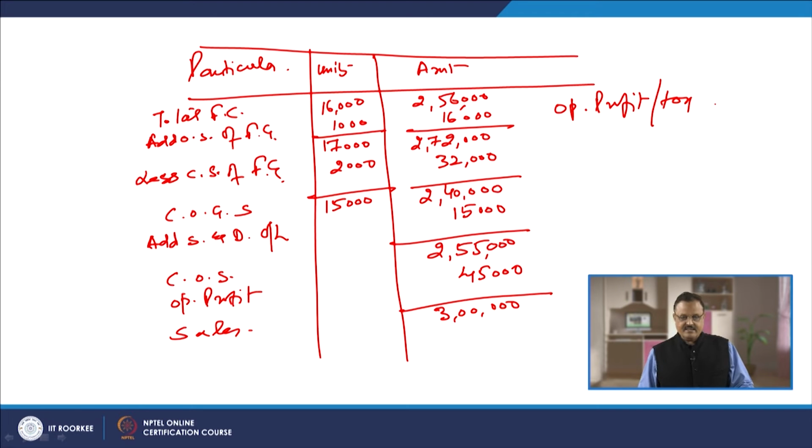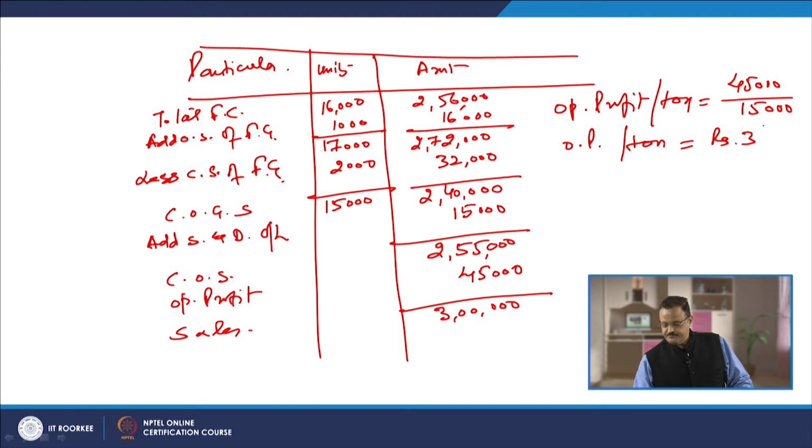We are manufacturing in terms of tons, 15,000 tons of production. So the operating profit per ton is 45,000 divided by 15,000 units, which is 3 rupees per ton.